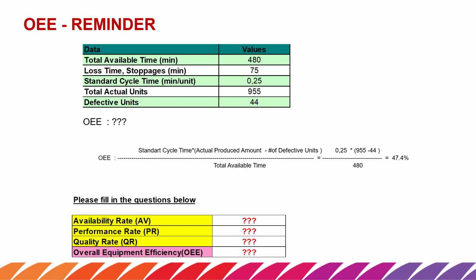So now we will have a discussion about another very useful parameter to measure the system performance, that is OEE, overall equipment efficiency. First we will discuss the overall equipment efficiency's definition, and then we will see an example and calculate the OEE of a process.